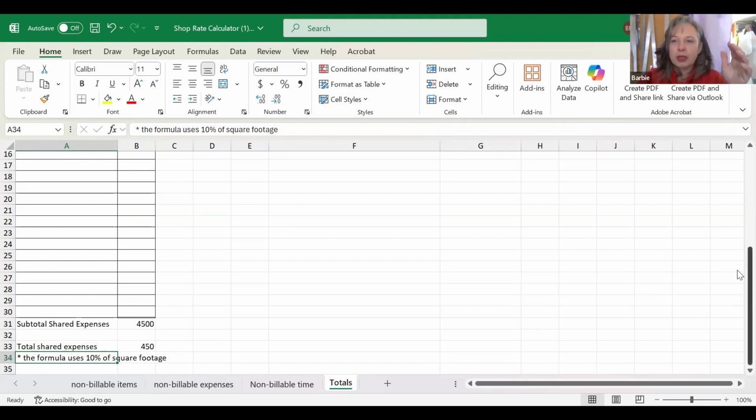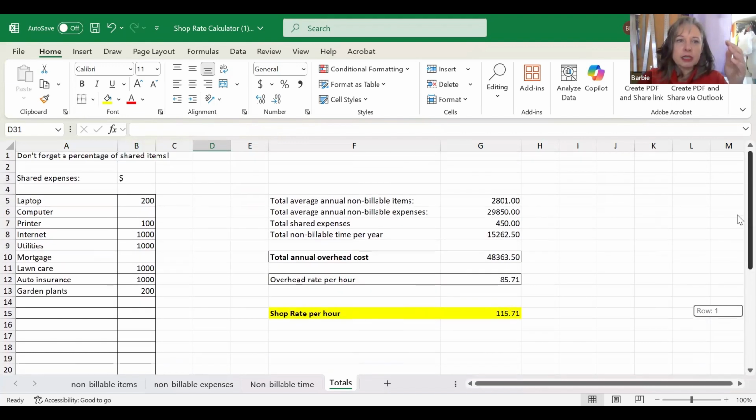But anyway, again, I think here it is. This is the 10% right here. So if your room is bigger or smaller, you can adjust that accordingly as you need. Okay. And my understanding is that if you do not have an enclosed space with doors, for instance, a separate room, you cannot deduct a percentage of your business from household things.